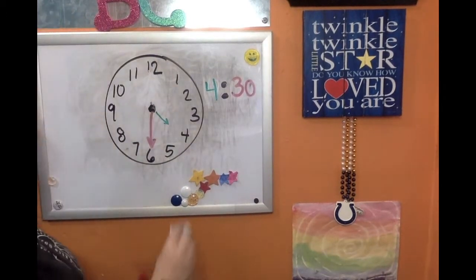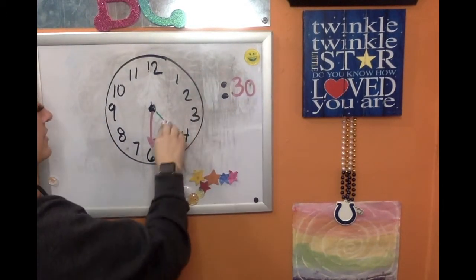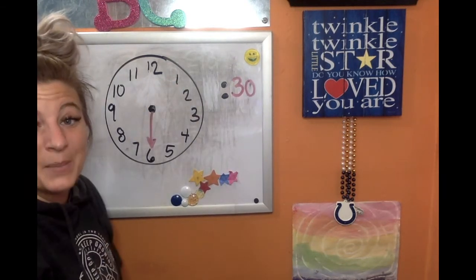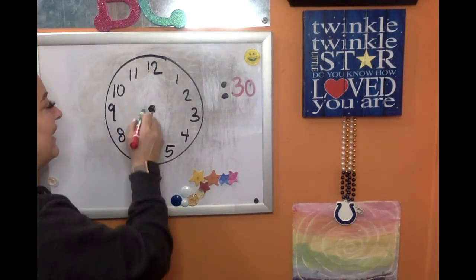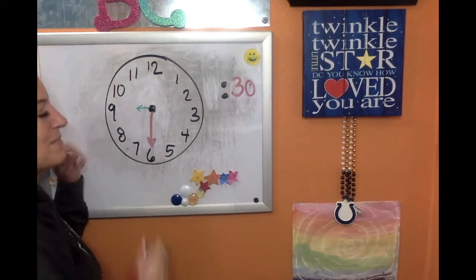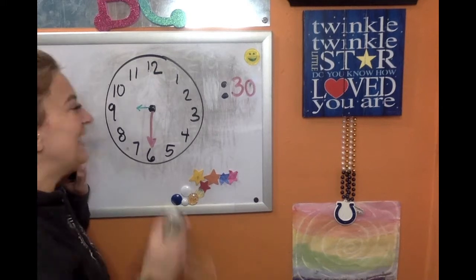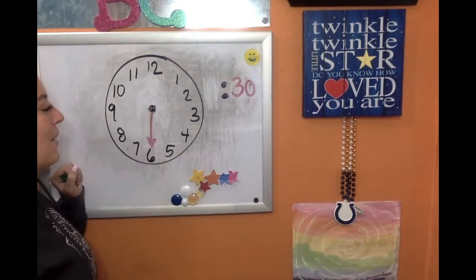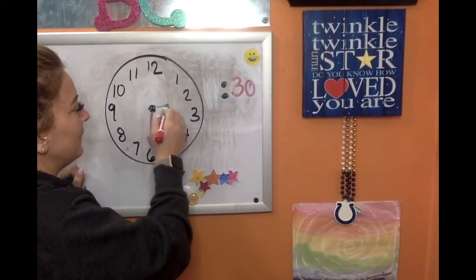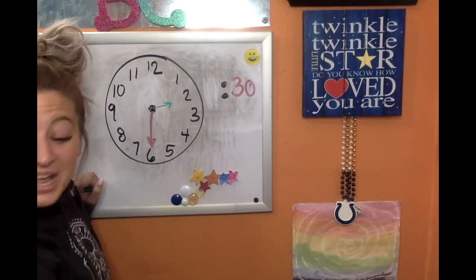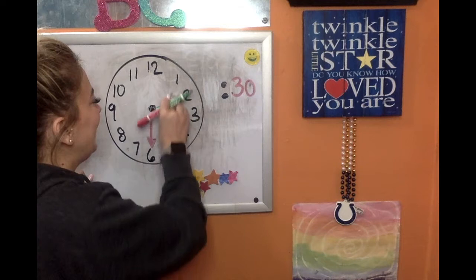So now we're going to just do some fun ones for Miss Dolan, okay? We're not writing these ones down on the paper. Okay, tell me what time it is. Ready? What time is it? 9:30. Good job. Okay. What time is it? 2:30.